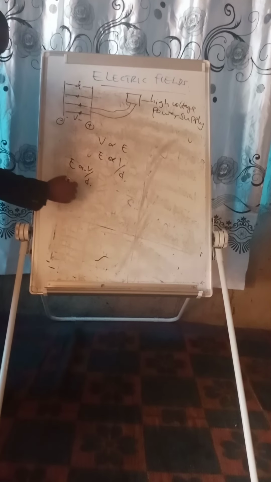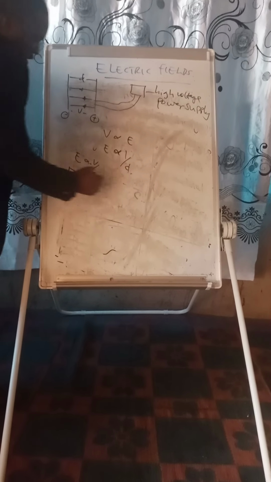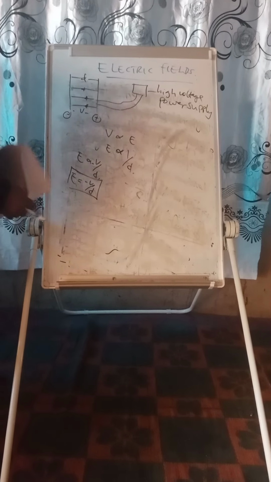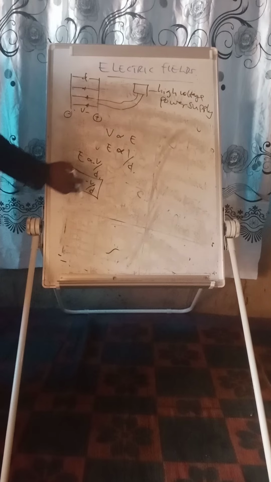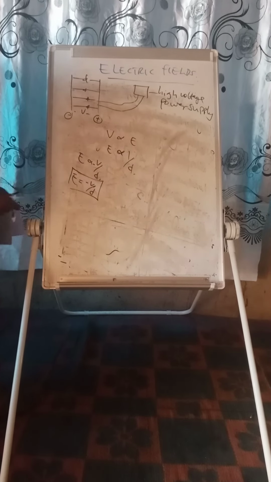So E is equal to minus V over D. But in calculation, we always take the magnitude, so we remove the negative sign and take only the magnitude.